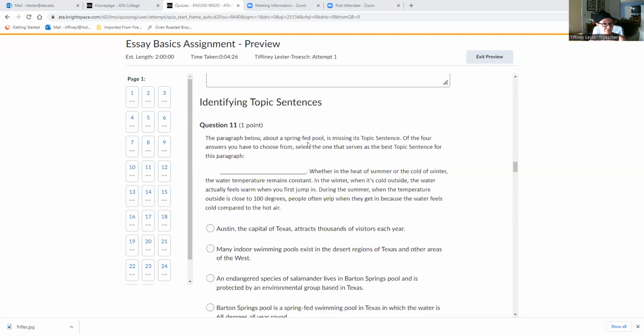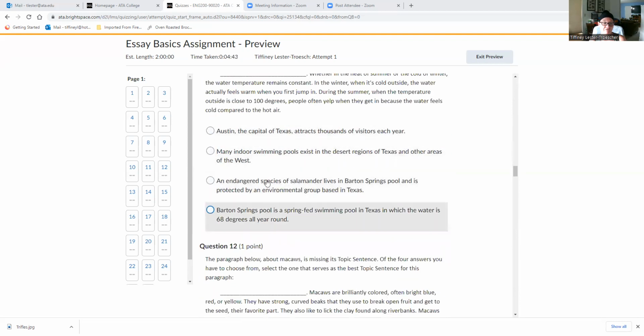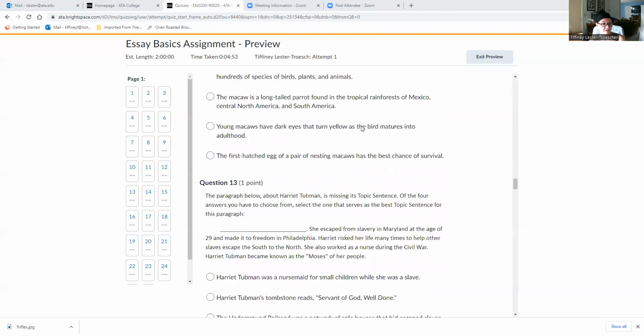Then we're switching to identifying topic sentences. This is very similar to some of the exercises from the PowerPoint. You have a paragraph that's missing its topic sentence, and you are given some options. And from those options, you will choose the one that makes the best topic sentence for that paragraph. We have a few of those.